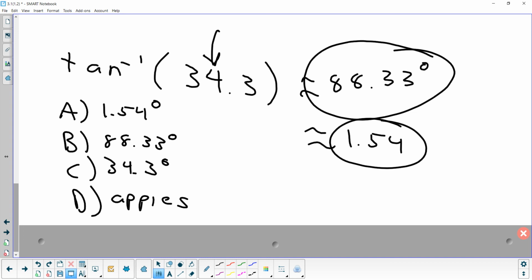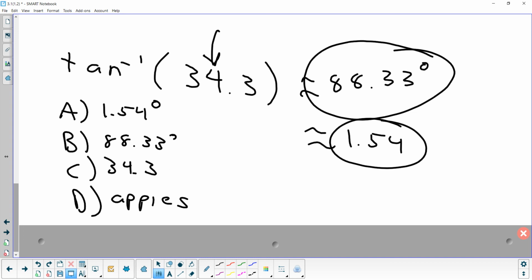The answer you get from that number is degrees or radians. Oh, I see. So you put 1.54 degrees, so it's B, right? It's B. A is absolutely wrong there. 1.54 degrees is not what we got at all for this one. We got 88.33 degrees. So the answer is B.